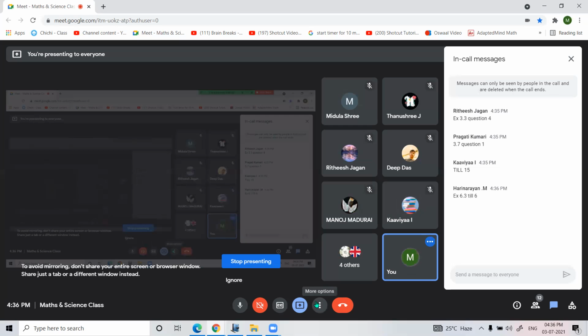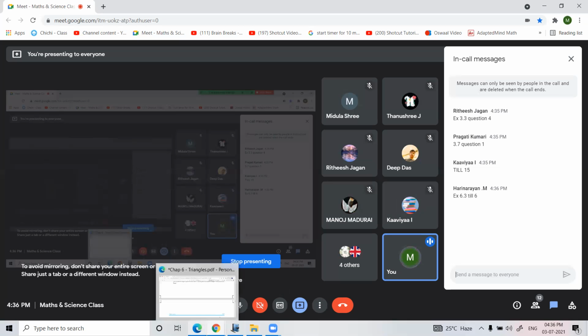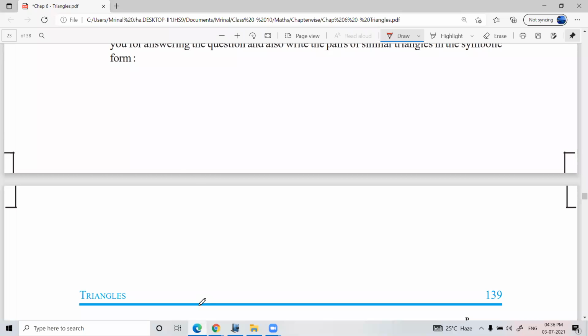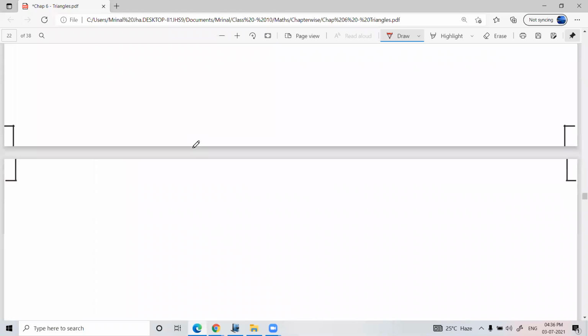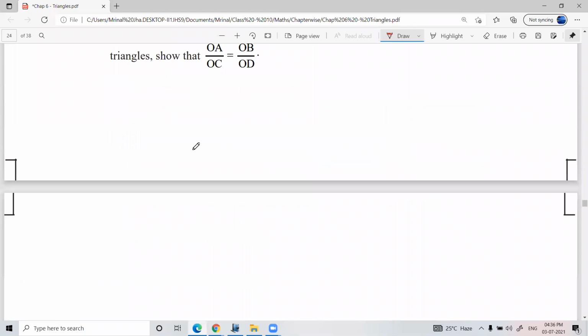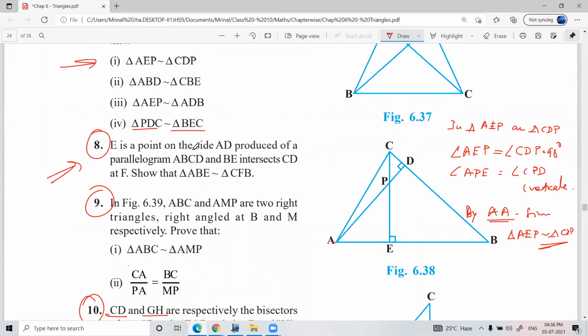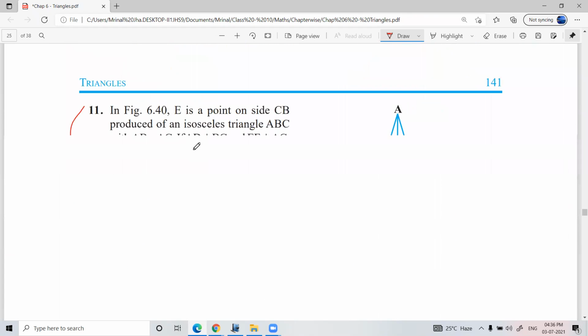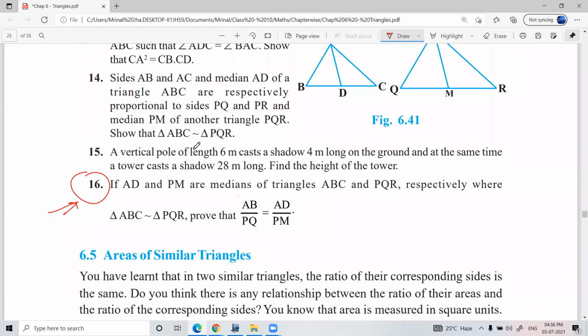Yes, sir. 6.3. Okay. 16th question we did yesterday, right? Did we complete it or we left it halfway? I thought I started the 16th question yesterday. Did we or not? AD and PM are medians of triangles. We started.